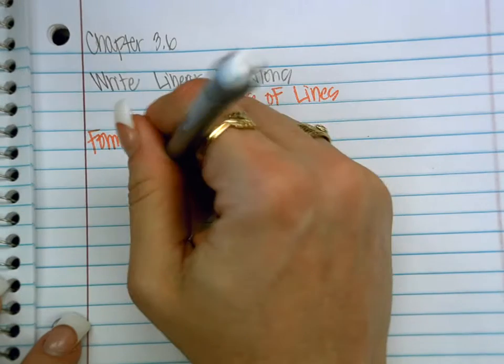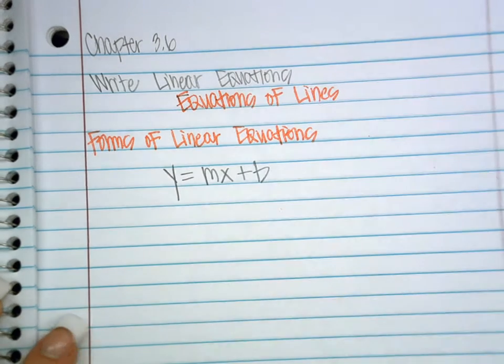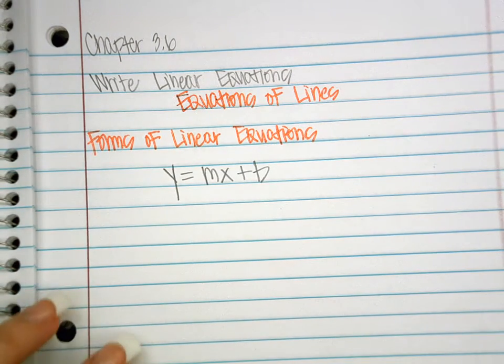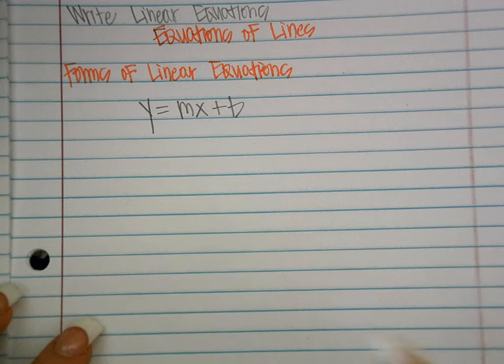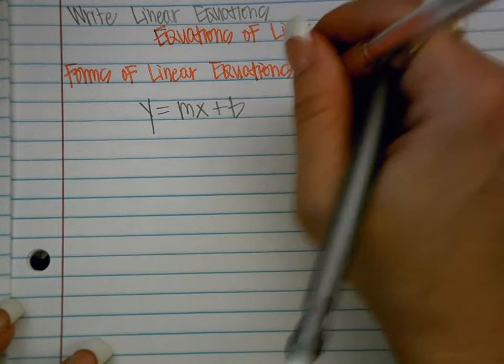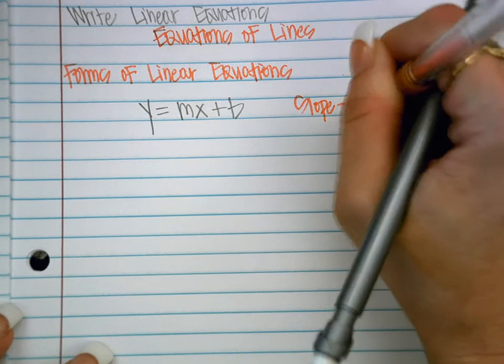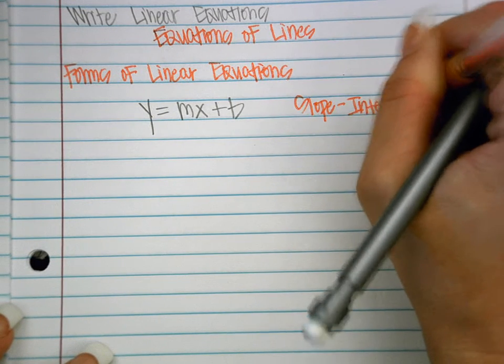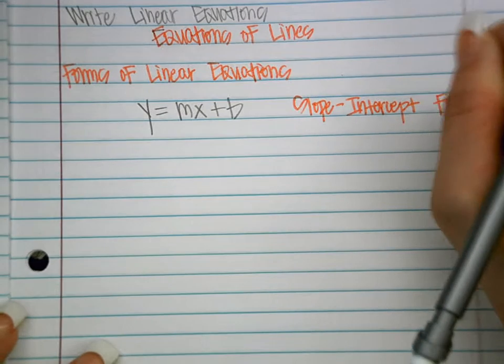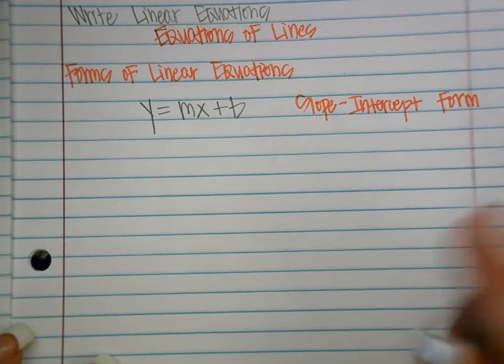We already know one, and it's y equals mx plus b. Does anyone know what form that's called? Slope-intercept form. Okay, y equals mx plus b is called slope-intercept form.